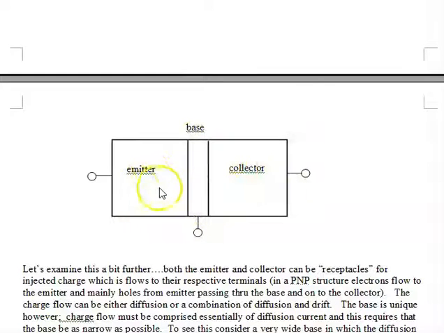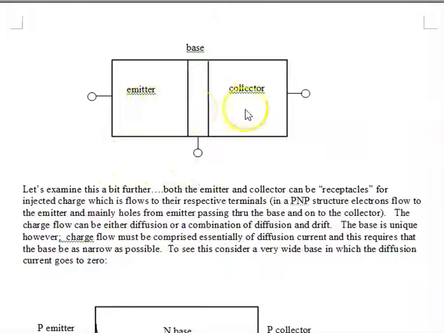The emitter is wide, collector is wide, and the base is narrow, and that is exactly the way it should be. We can consider the emitter and the collector basically being receptacles for the injected charge. The collector is a receptacle for charge which comes from the emitter. The emitter is a receptacle for charge which comes from the base, and a little bit, if it's in forward active mode, which comes from the collector.